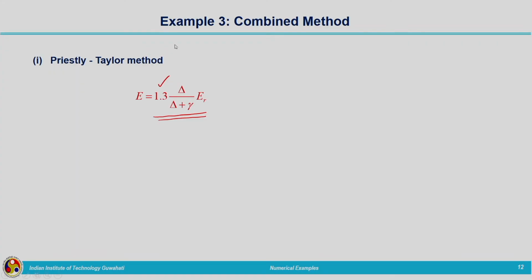That way the expression takes a simplified form given by this equation. Here ER we have already calculated, and delta and gamma also. Just substitute in this equation and we can calculate the evaporation rate as 1.77 millimeters per day.